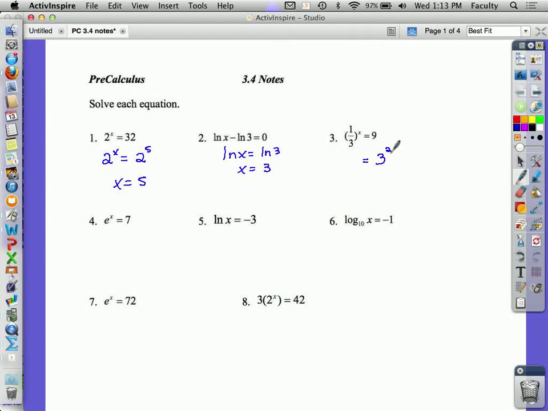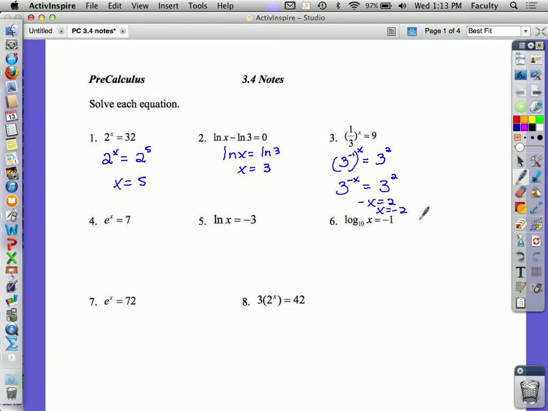I mean, that's a lot of stuff in there. Just make the bases the same. If 1/3 is to the -1 power, and you know 9 is 3 squared, and if you remember your exponent property, this will give me -x equals 2, so x is -2.